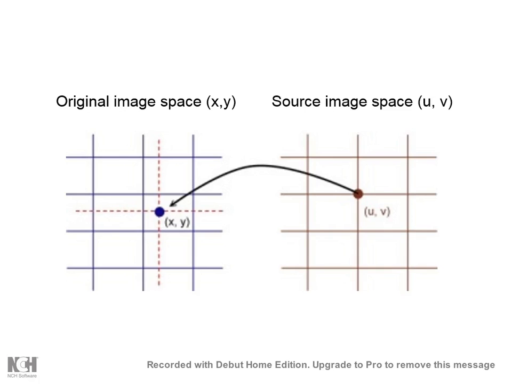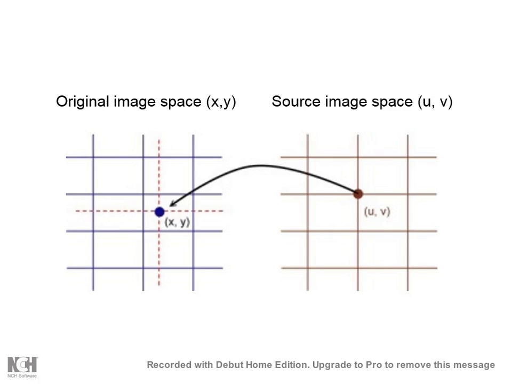So we can use the reverse mapping. For this pixel, if I reverse map to the original image space, it belongs here. It can be mapped into this position, x1. The question is, the XY is not at a pixel location.